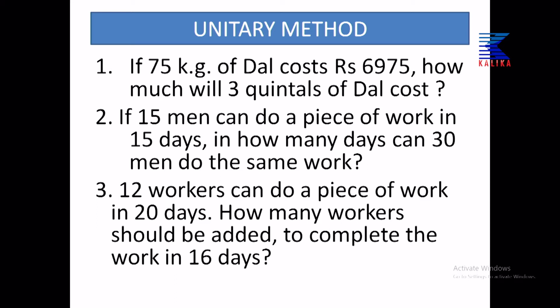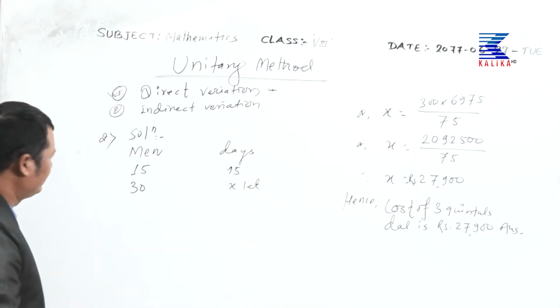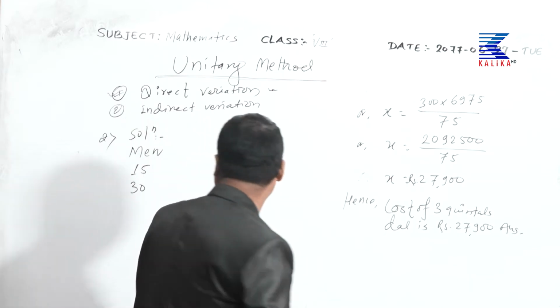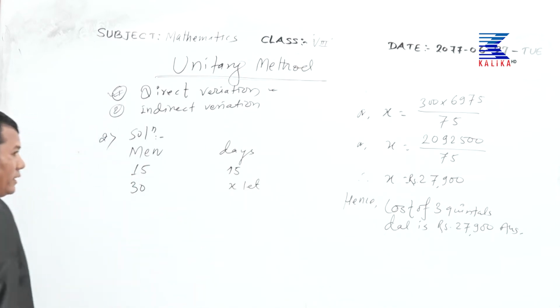One side is men, another is days. 15 men take 15 days. 30 men, days is x.